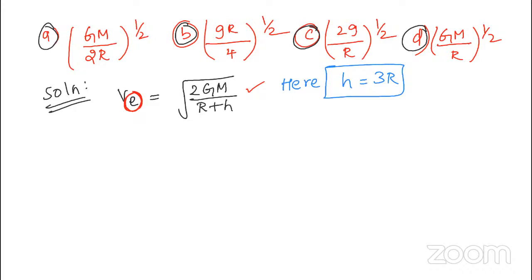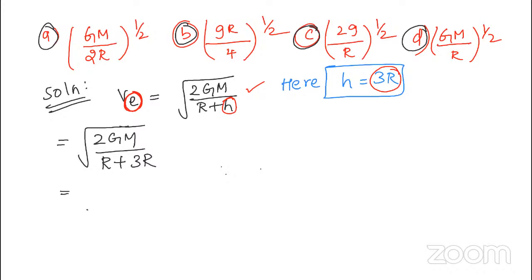So now we can substitute in this formula. VE is equal to square root of 2 into GM divided by R plus h, substituting h as 3R. Then for the next step it is 2GM divided by 4R. Then we cancel 2 and 4, it is 2.